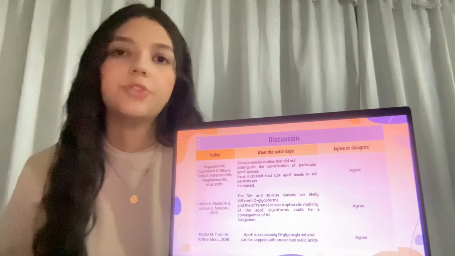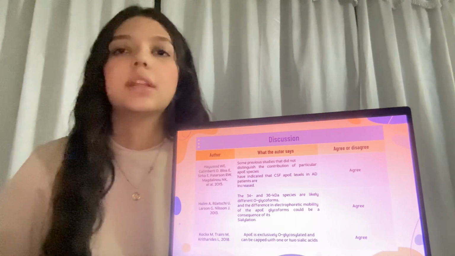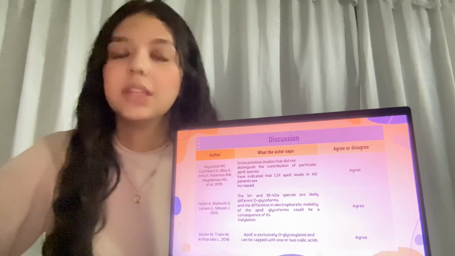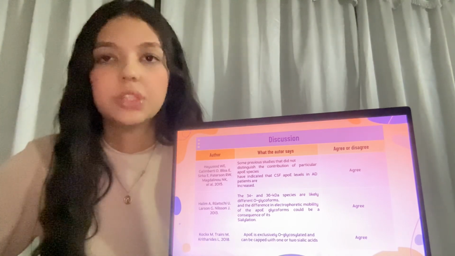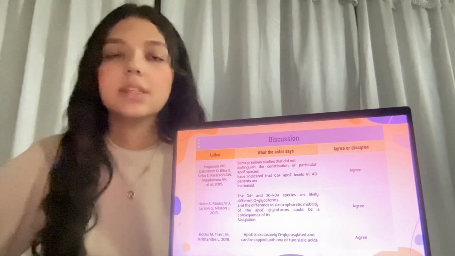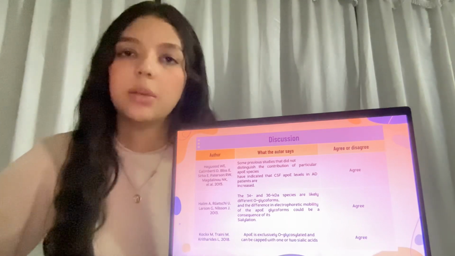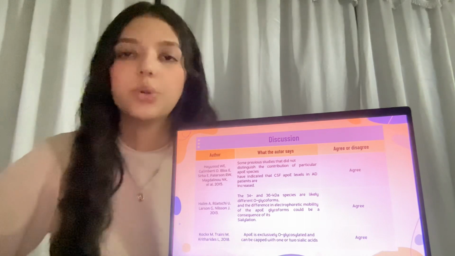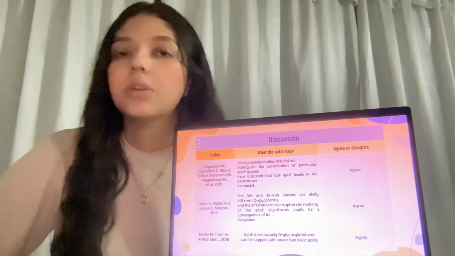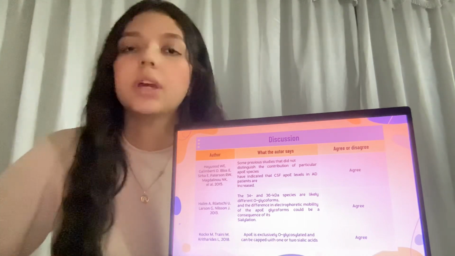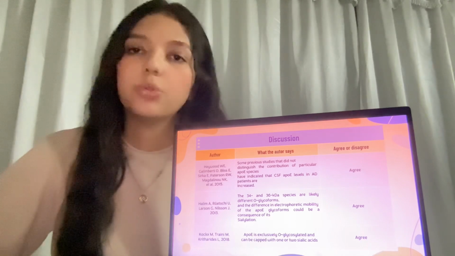In the discussion, the first thing that the authors said is that some previous studies, even though they didn't distinguish the Apo E species, have indicated that CSF Apo E levels in Alzheimer's disease patients are increased, and this completely agrees with the article because they proved Apo E levels increased in those patients.